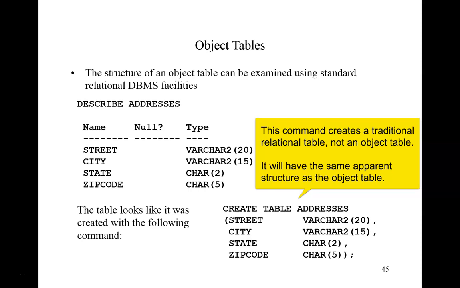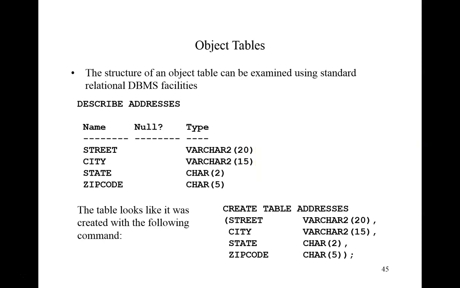But what's the difference? Internally, each row is an instance of an object type, and it has something that the relational table would not have. Each row can be accessed or referenced through a type of object identifier.